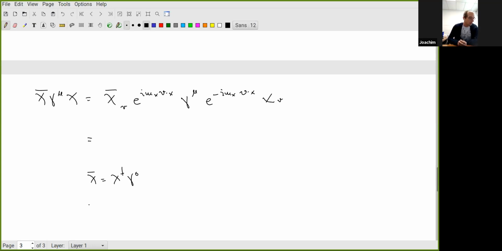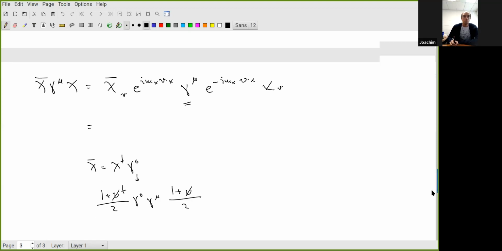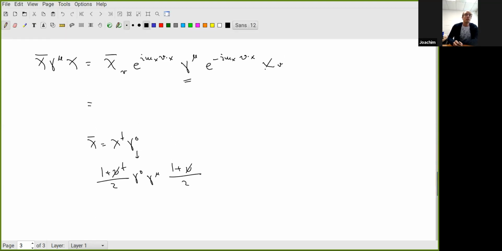So what we need is to calculate the following. Because of the dagger, what is implicitly written here is 1 plus v slash dagger over 2, then gamma 0, that's this gamma 0 here, and then gamma mu, that's the one from the interaction, and then there's another 1 plus v slash over 2 from the projector on this field.